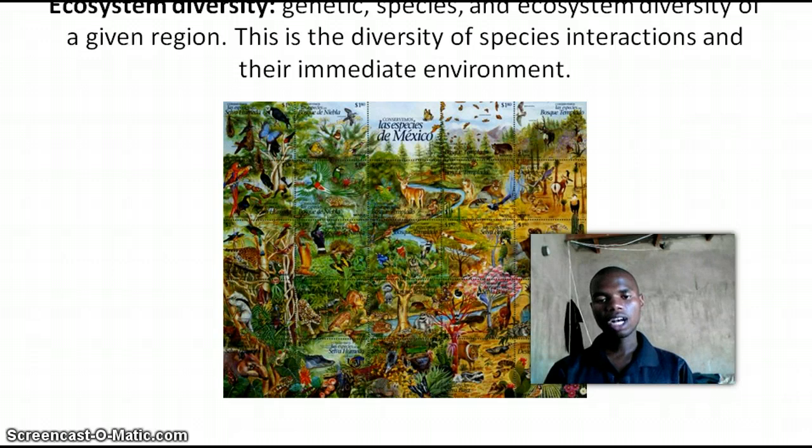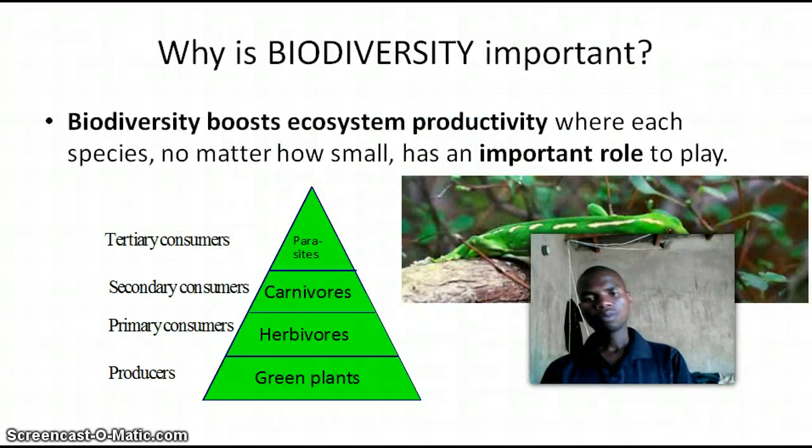So they are living according to the environment. That's what we call ecosystem diversity. We have desert, savanna, forest, grassland, and the aquatic environment, all falling under ecosystem diversity.